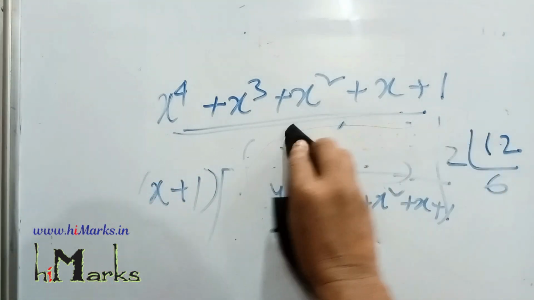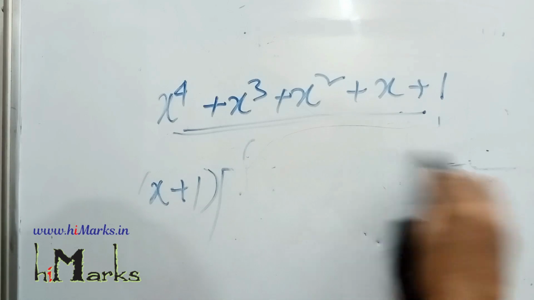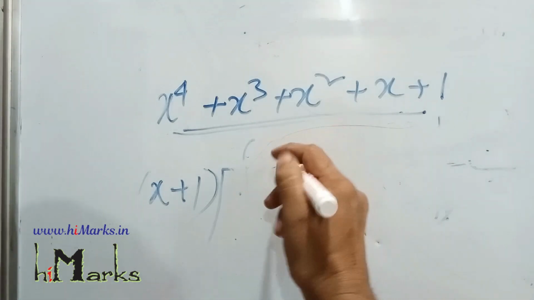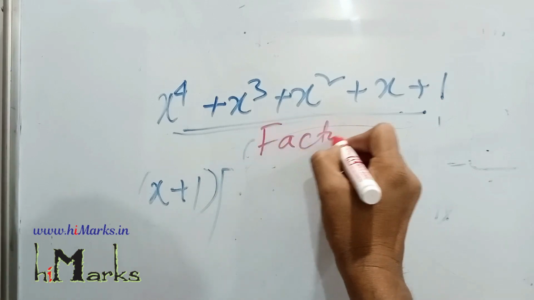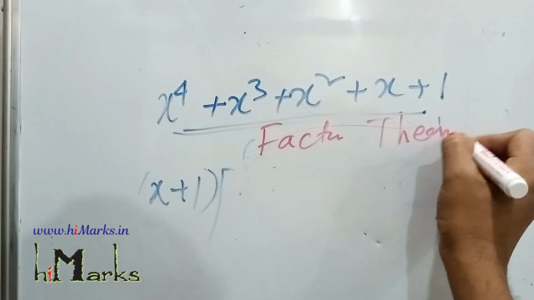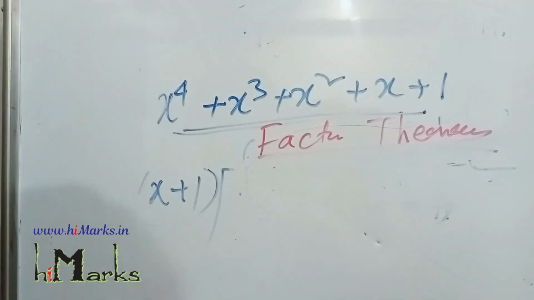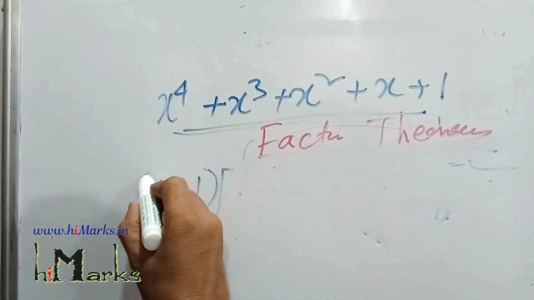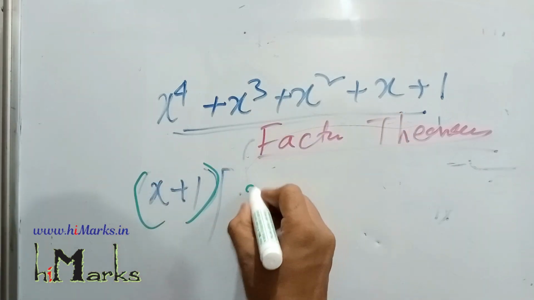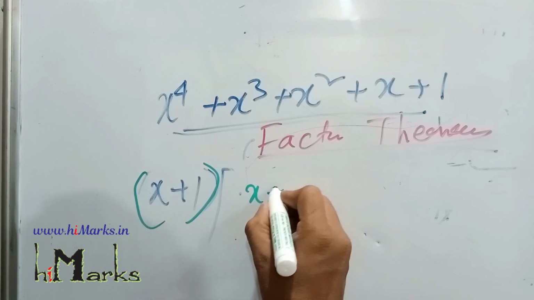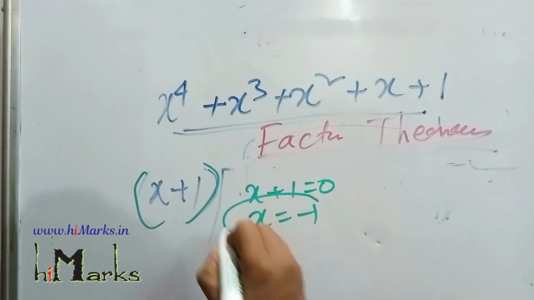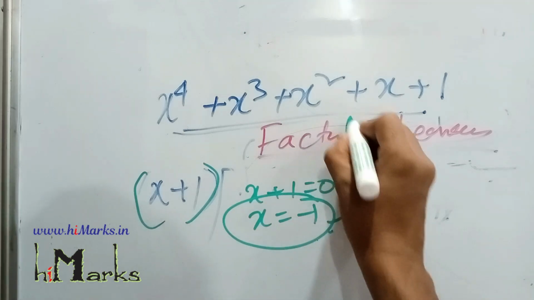What the factor theorem says is, remember, the factor theorem says that if you want to test whether x plus 1 is a factor, meaning perfectly divisible, you have to put x equal to minus 1 here and check it.